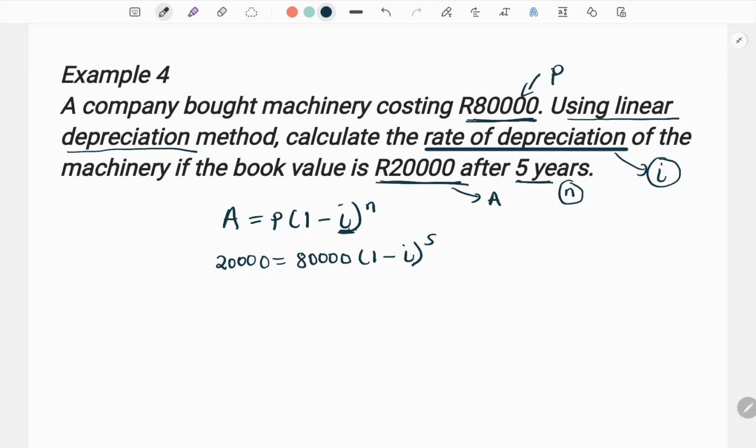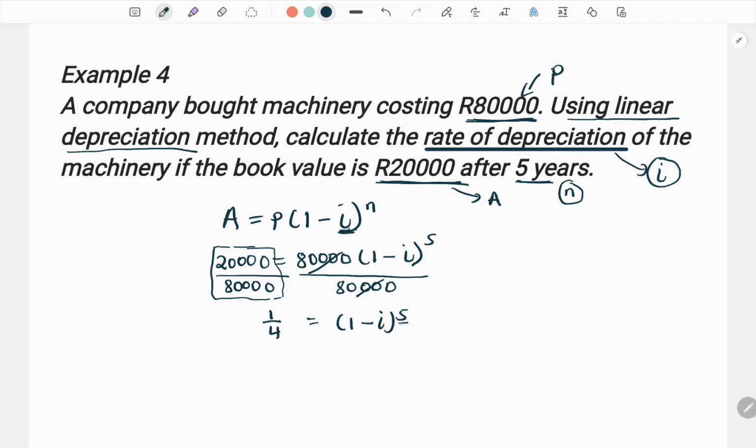exponent of 5. The simple step here, you're going to divide both sides by 80,000. Then it cancels off. You remain with 1 minus I exponent of 5 is equal to, you punch this in your calculator, we're going to get 1 over 4. Yes, 1 over 4.